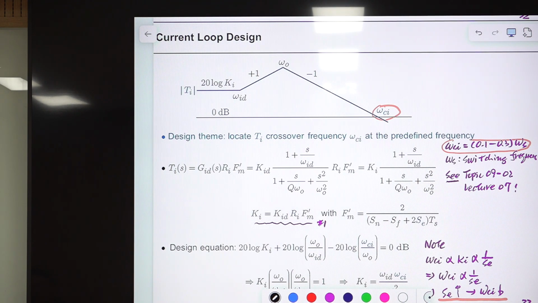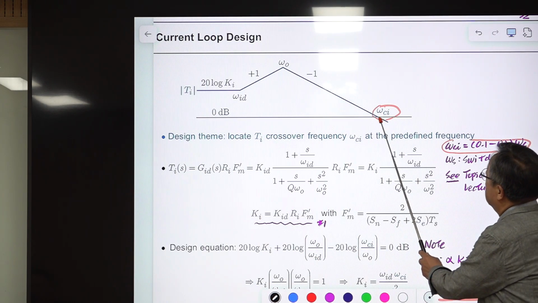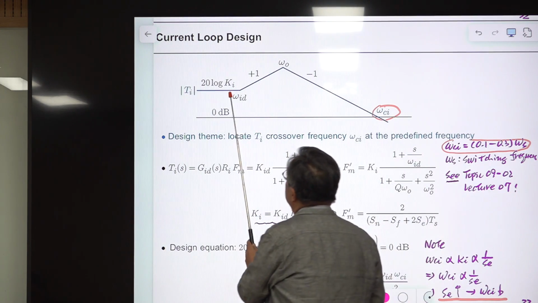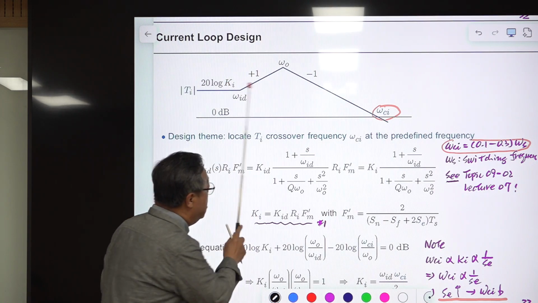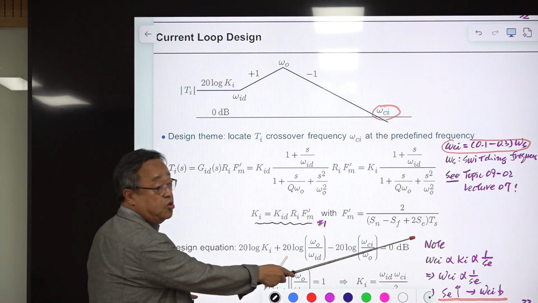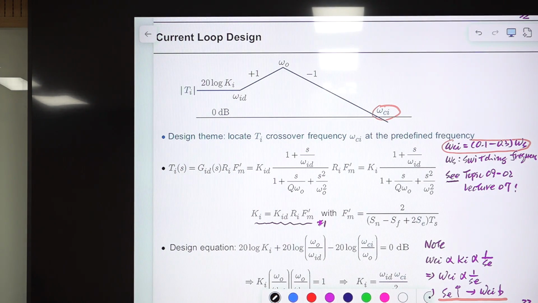Okay. So this is selected, then you need to determine this. As I said, if this is determined, this will be determined, this will be determined eventually. So SE is the final control variable, and you have the simple equation here.